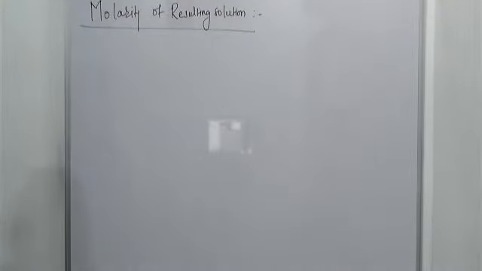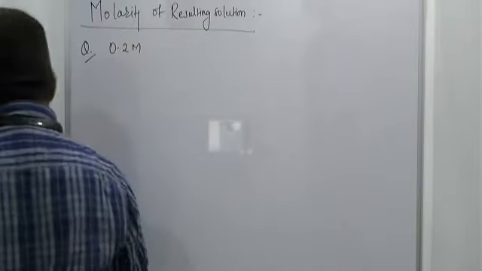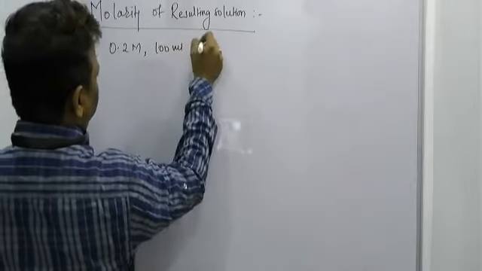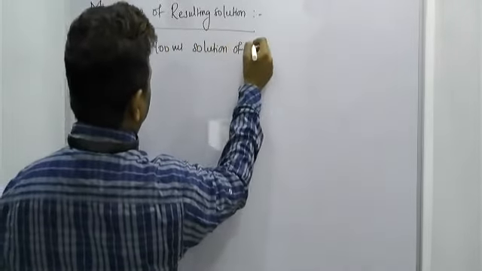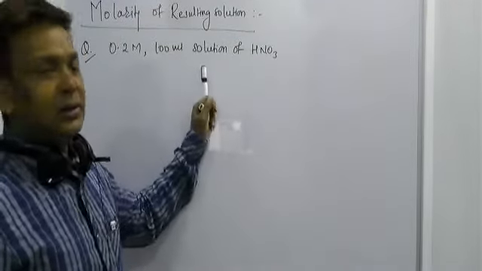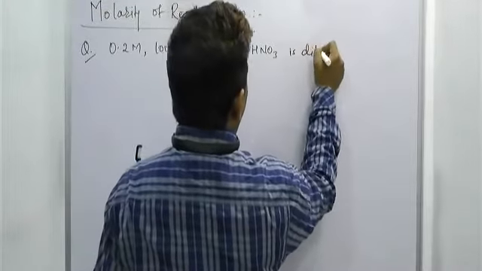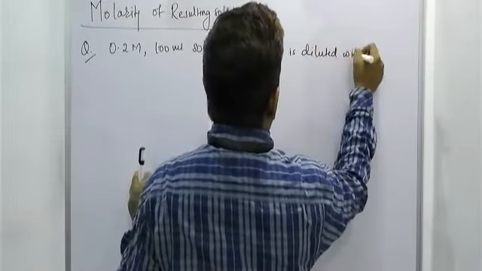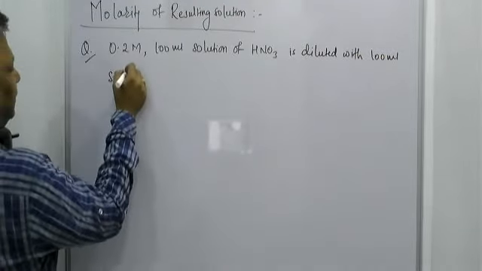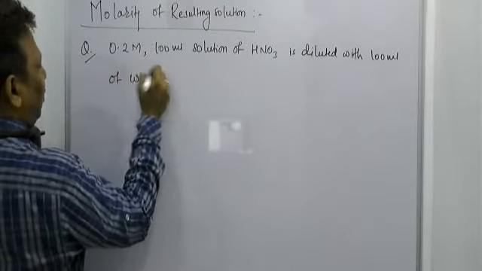Molarity of resulting solution. Now, the question is here, beta. 0.2 molar 100 ml solution of nitric acid HNO3 is diluted with 100 ml of water.